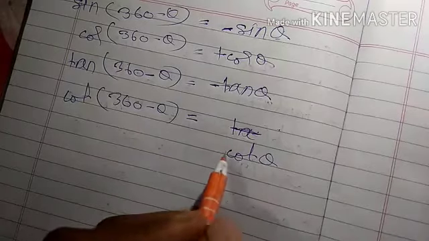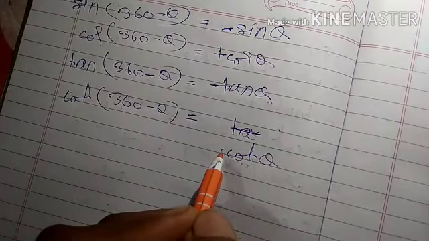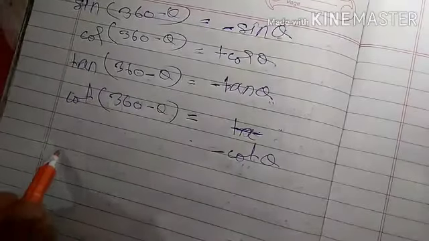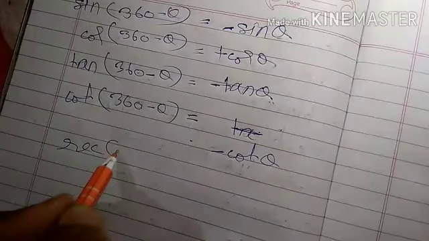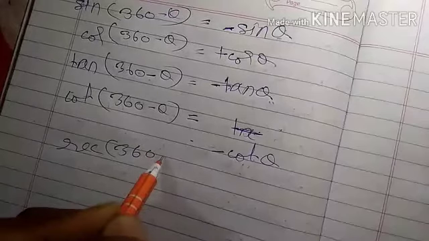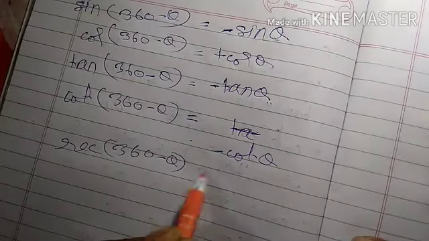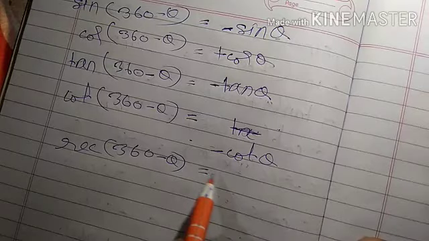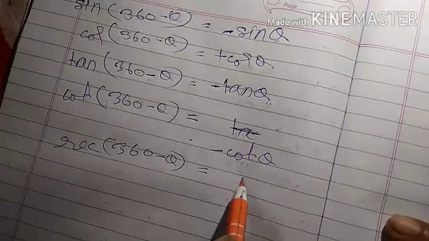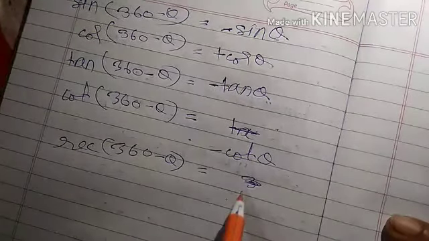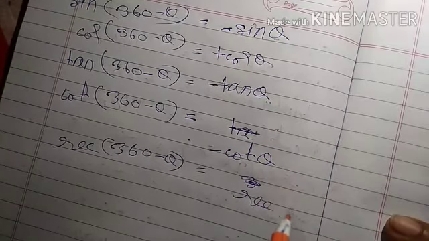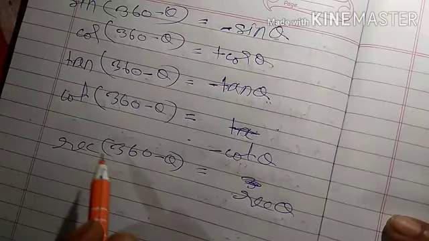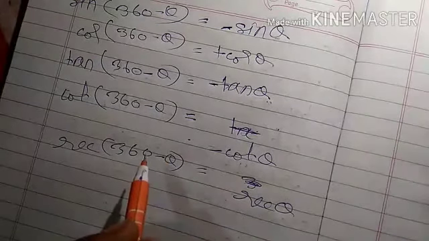And the next, sec 360 minus theta. Functions change is not allowed, so sec theta, and 360 minus theta is in the fourth quadrant, where only cos theta and sec theta are positive and four other functions are negative, so sec theta is positive.